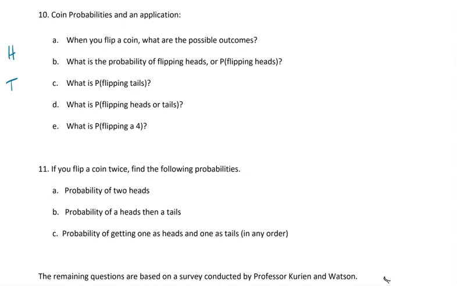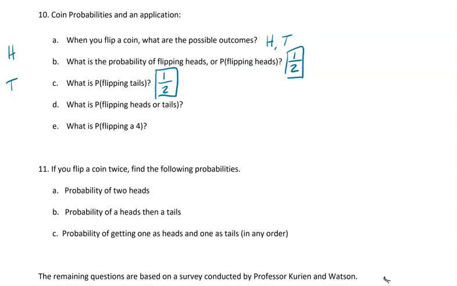Those are our two possibilities. What's the probability of flipping heads? Well, heads is one of the choices out of the two, so it's 1/2. Probability of flipping tails, same thing, there's only one possibility out of the two, so still 1/2.